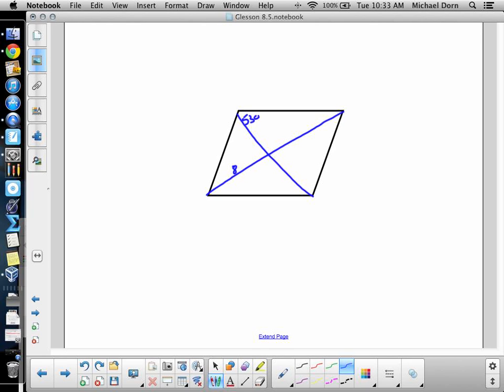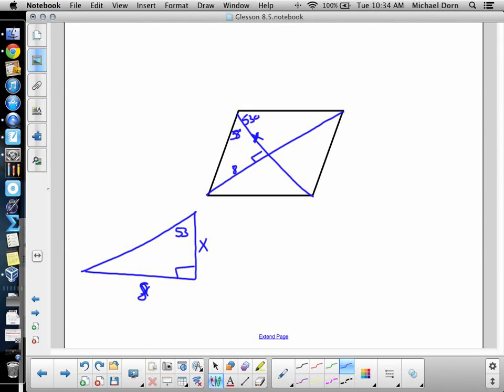And it wants us to find, for 36AE, which is this section right here, X. That's what it wants us to find. So the diagonals bisect each other. The diagonals bisect the angle, so this angle is also 53 degrees. And this is a right triangle, so we have a right triangle inside of our rhombus that has an angle of 53. This side is 8, and this is X right here.